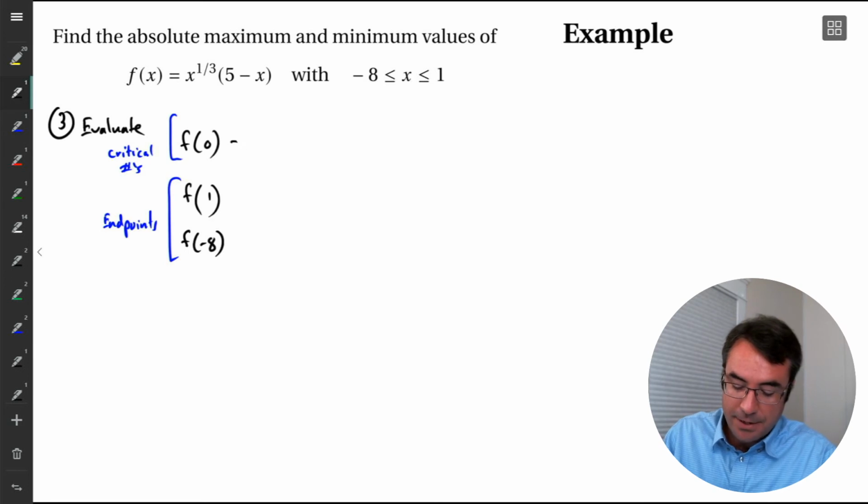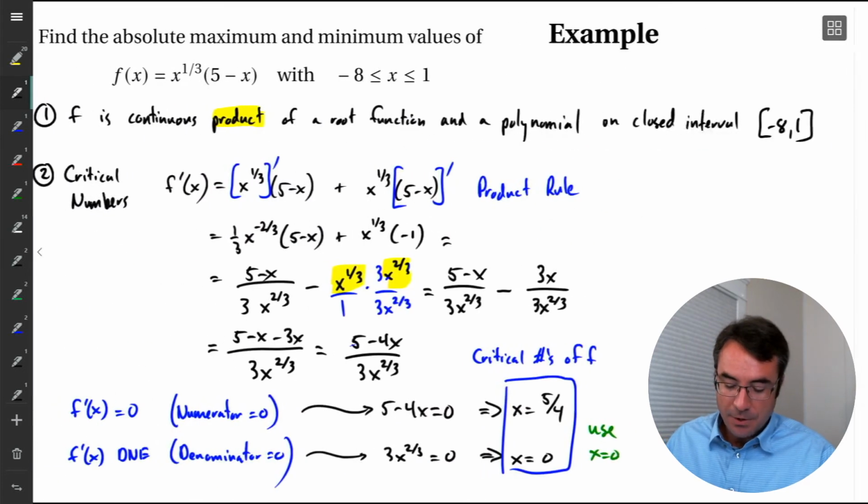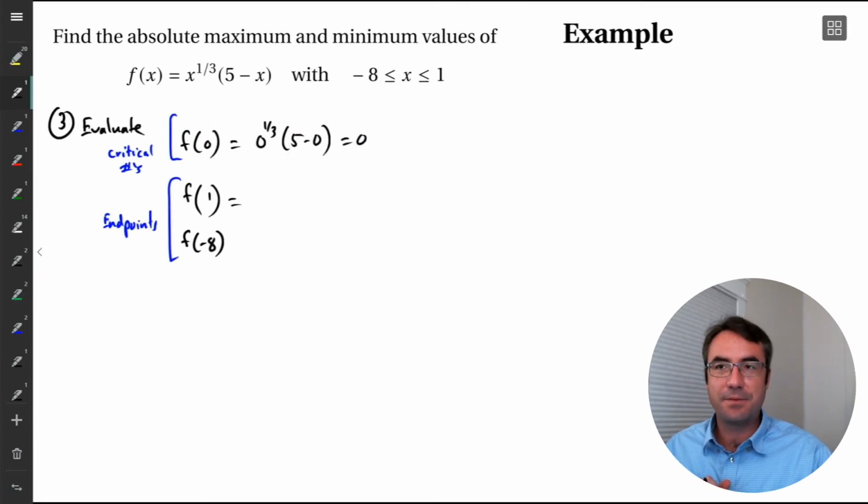So let's plug 0 in. We get 0 raised to the 1/3 power times 5 minus 0. That's just 0. Let's plug 1 in, and we're plugging into the original function. So yeah, we had our derivative from before, but once we get our critical numbers, we're kind of done with that derivative for this closed interval method.